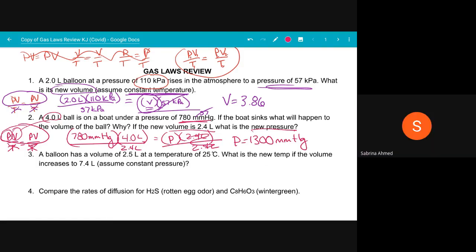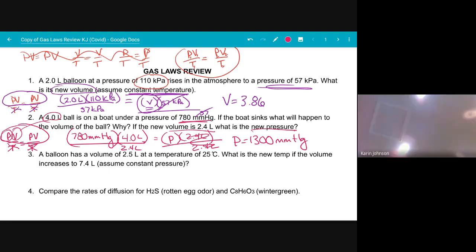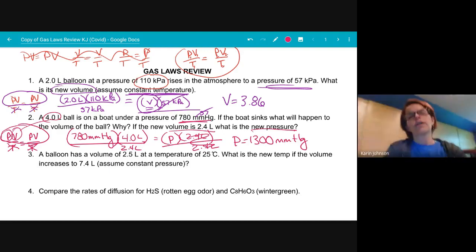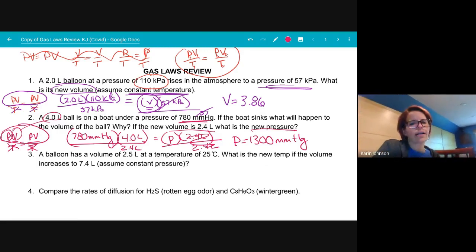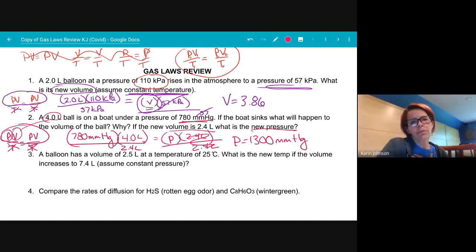Is that in sig figs, KJ? Okay, there's a whole bunch of these gas law worksheets that are bad with their sig figs. On my test, the sig figs will be very precise, and it will probably be 3 numbers pretty much every time. So if you're doing 3 numbers, you're going to be fine.